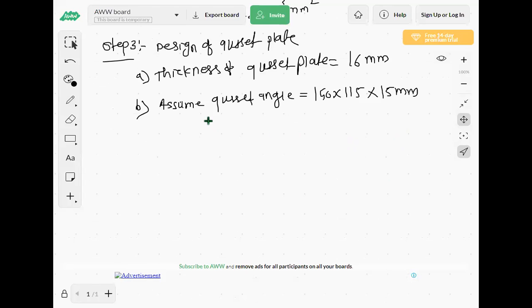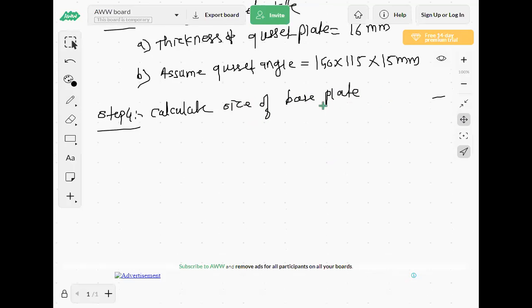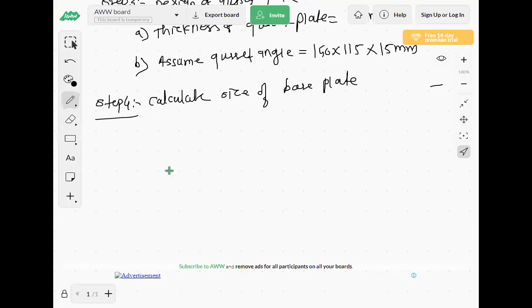Now next, step number 4. Step number 4 is calculate size of base plate. While calculating the size of base plate, we have to calculate first the length of plate.